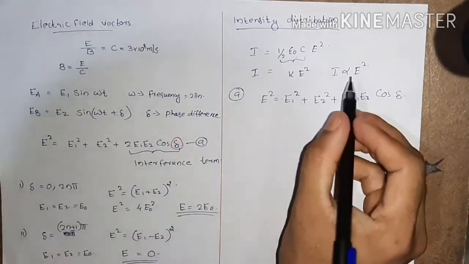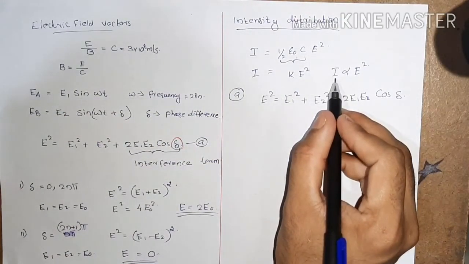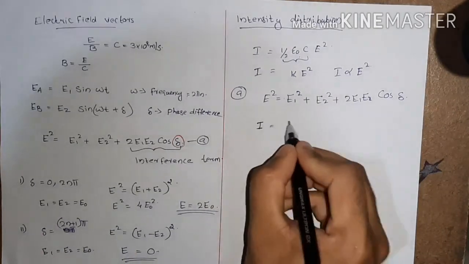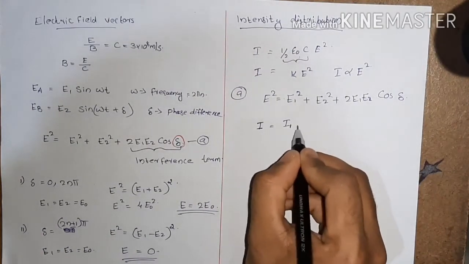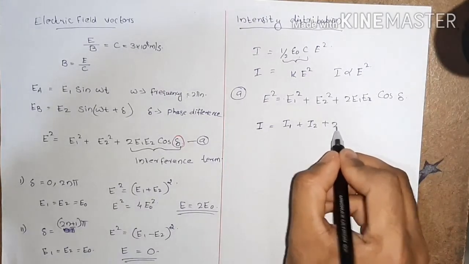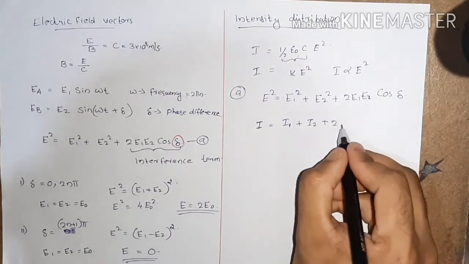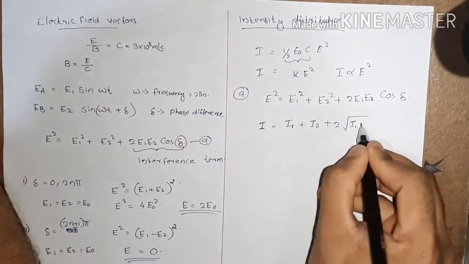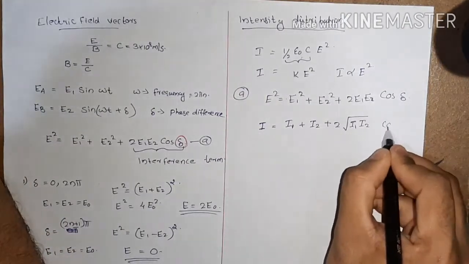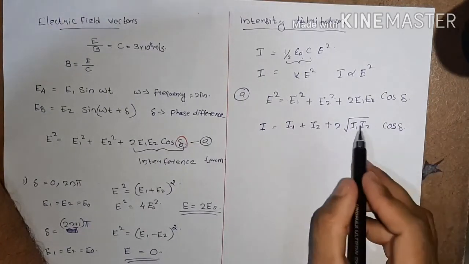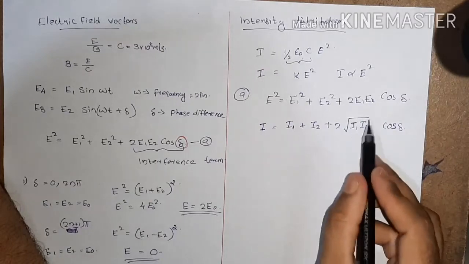Now we can substitute I for E square, then the resultant intensity I will be equal to I1 plus I2 plus 2 into root of I1 I2 cos delta. You can see that this cos delta is outside the square root.